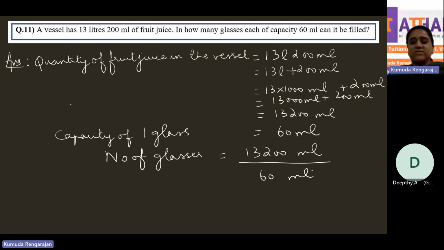They have the same units, so you don't need to write ml also. The 0 and 0 get cancelled. And now we should do the division. 1320 divided by 6: 2s are 12, 1 is the remainder, 2 comes down, 2s are 12, 0 comes down. So you need to add a 0 here.